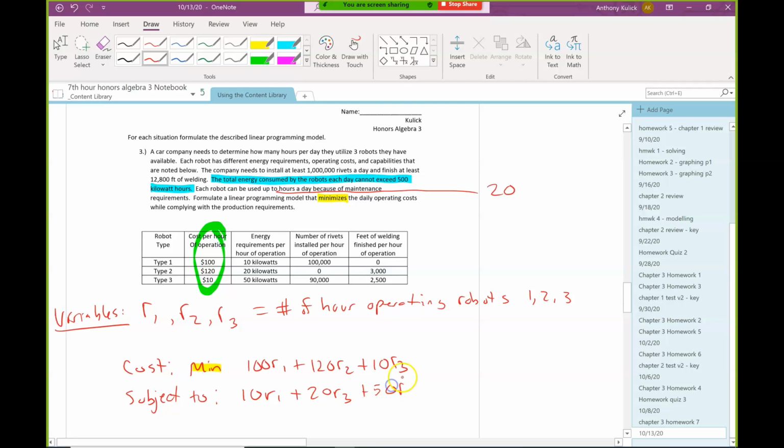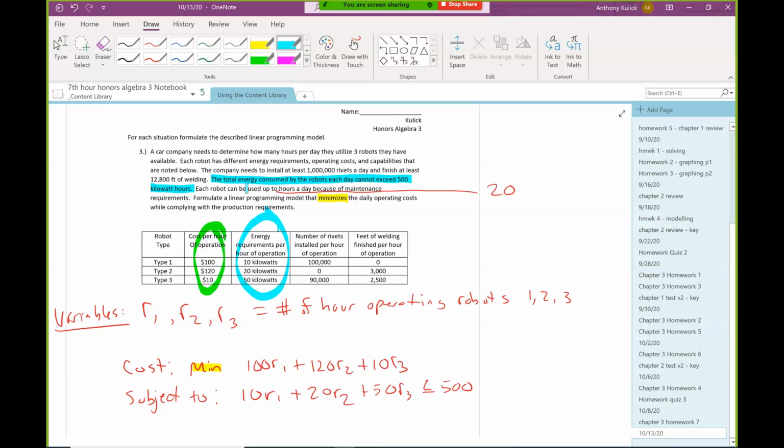Good. And the way she got the coefficients was, again, went to the table and found the energy requirement per hour of operation for each of the 3 robots. So far so good?